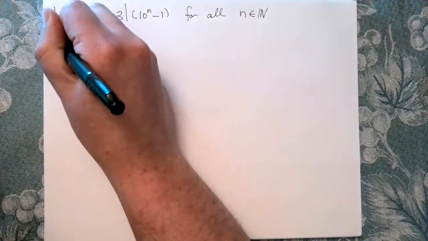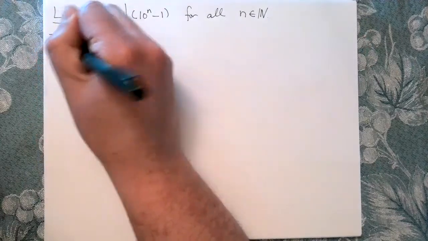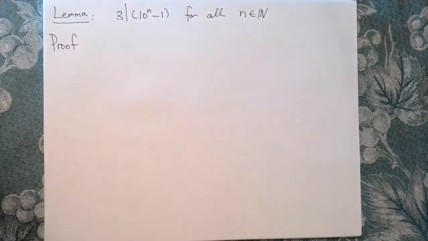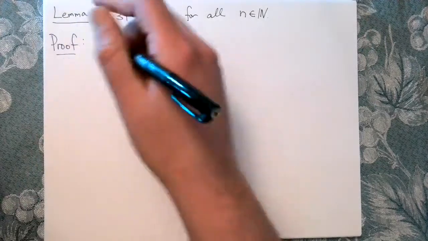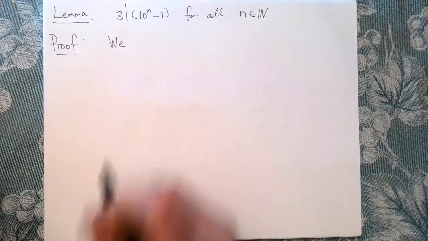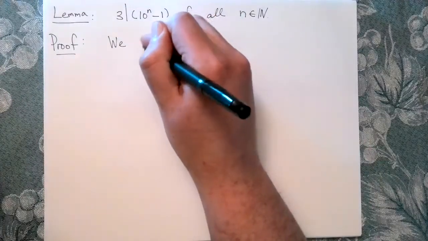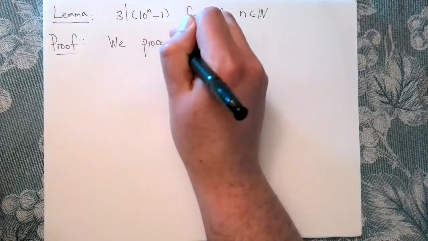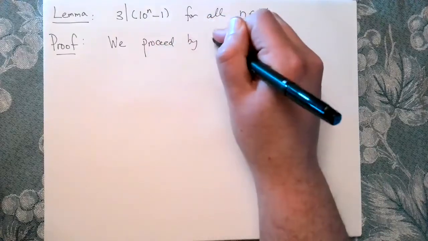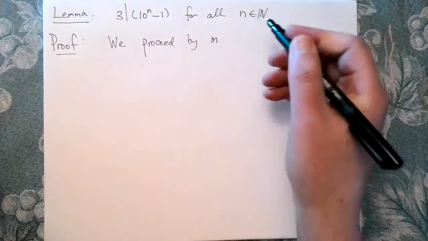So I'm going to say proof. Let's say we proceed by mathematical induction, right? That's the technique we want to use here, because we have a sequence of statements involving natural numbers. So we proceed by mathematical induction, specifically on n.